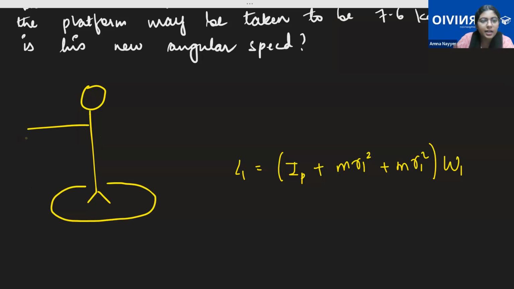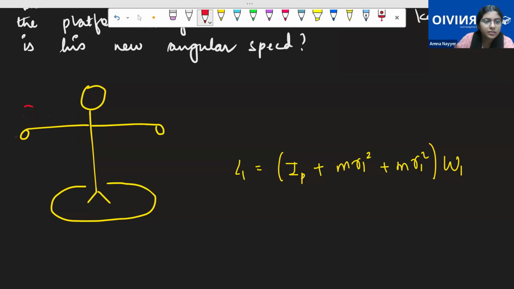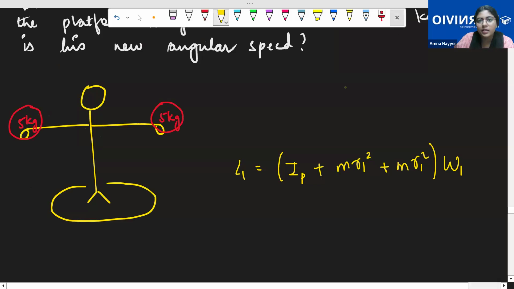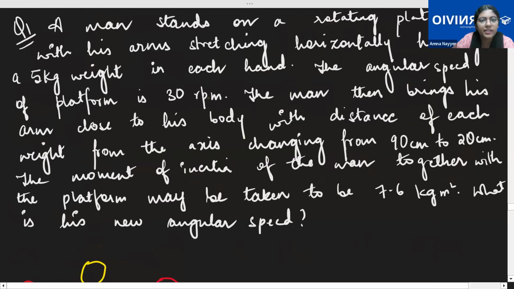His arms are stretched out, and they are holding weights. This is 5 kg. This is 5 kg.